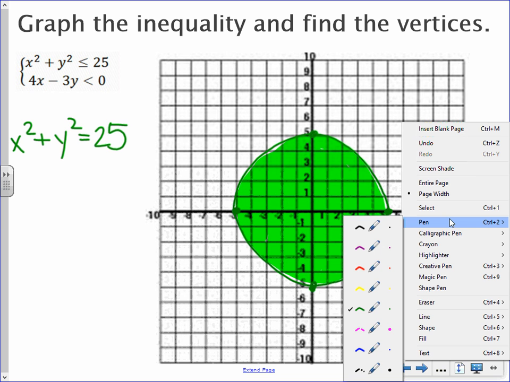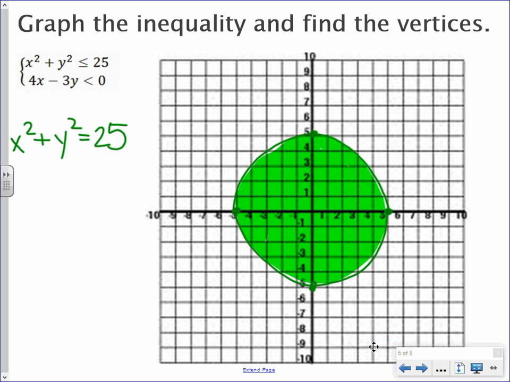Now, 4x minus 3y equals 0. That is a line.